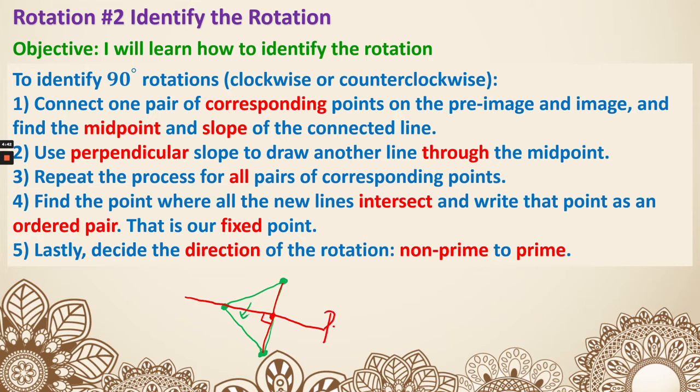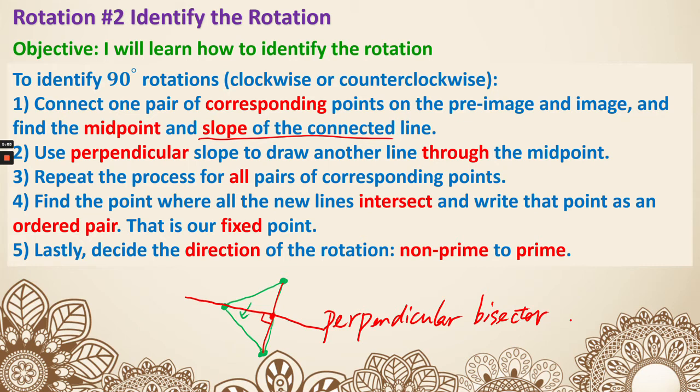That is actually called the perpendicular bisector. But just to give you an idea, that is what we're going for. That's why we need a midpoint and we need the slope. So you are going to find the midpoint and the slope of this line.